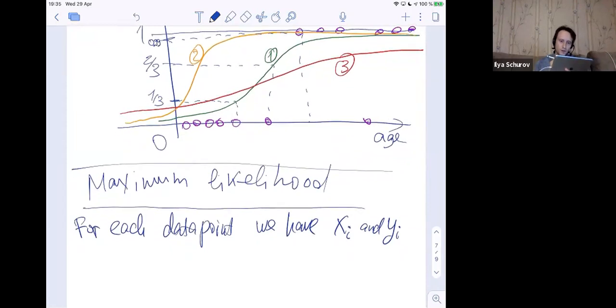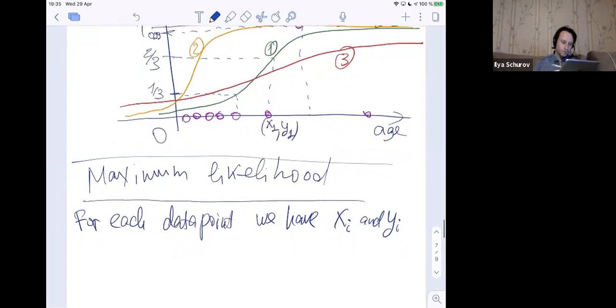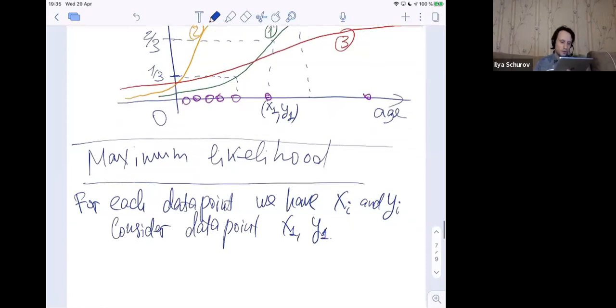For example, let us consider this data point. Let me assume that this is x1. This is point x1, y1. And I fix values beta naught and beta 1.